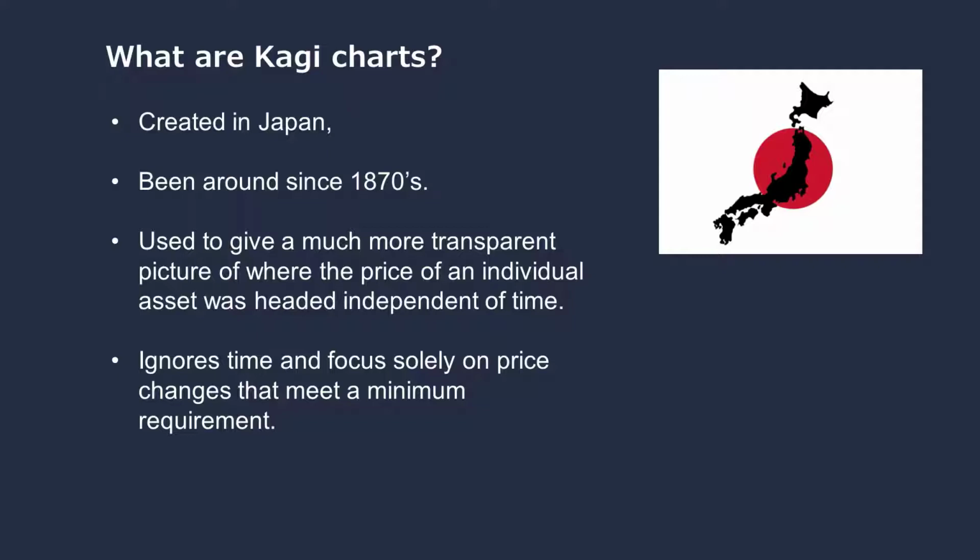And another of its unique features is that it ignores time. It is just looking for the movement in price, and that creates the unusual chart looking setup of different coloured or thickness of lines.